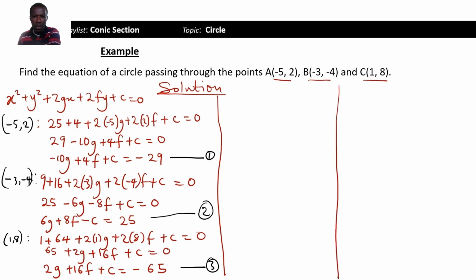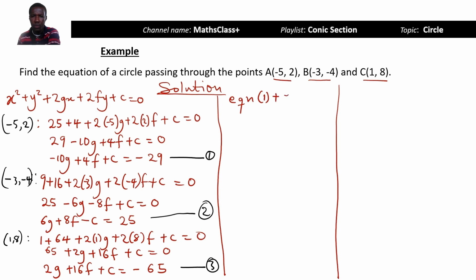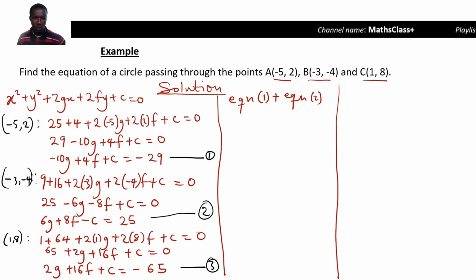Okay, so I'm going to now solve my 3 equations simultaneously. So I'm going to add equation 1 and equation 2. Looking at equation 1, negative 10g, if I'm adding it to 6g, I'll get negative 4g. Then, looking at the f component, I have 4f and I'm adding it to 8f.